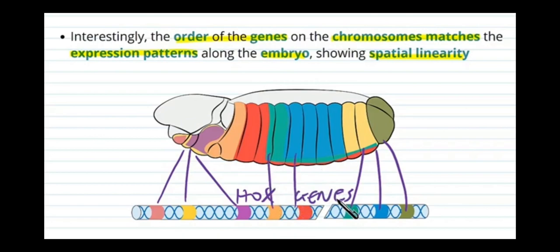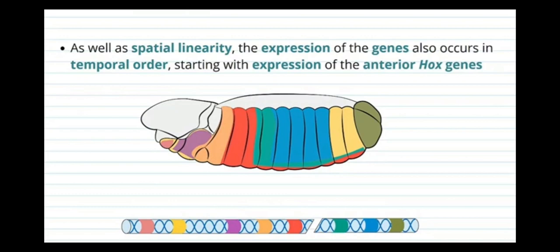Then again 3 Hox genes are present in the posterior region. So the order of the genes on the chromosome is an exact match to the expression pattern along the embryo, and it shows that the Hox genes have spatial linearity.